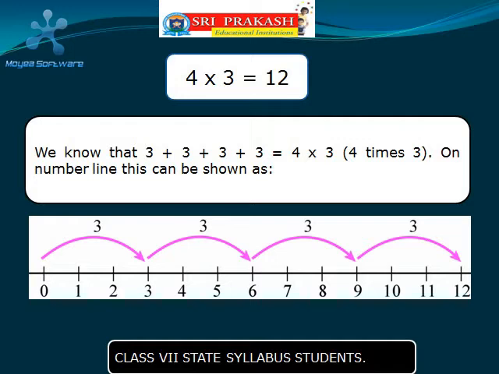We have to move towards right hand side from the 0. So when we shift towards right hand side by 4 blocks of 3 units each, then we reach at 12. Hence, the value for 4 into 3 is 12.